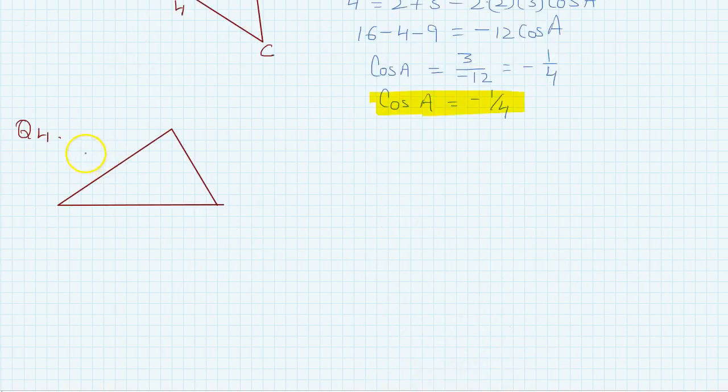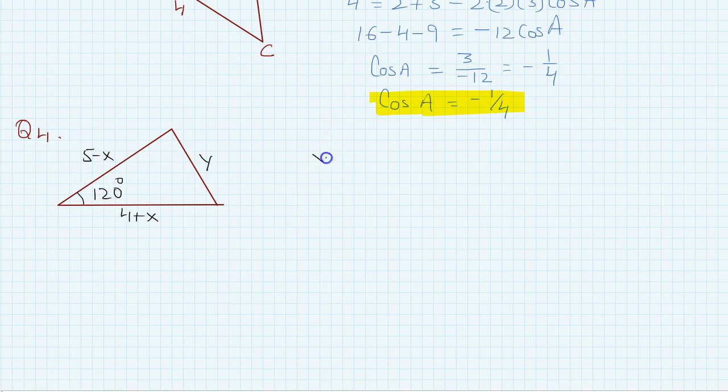Let's take another example. If this is 5 minus x, this one is 4 plus x, and this angle is 120 degrees, you have to find y.